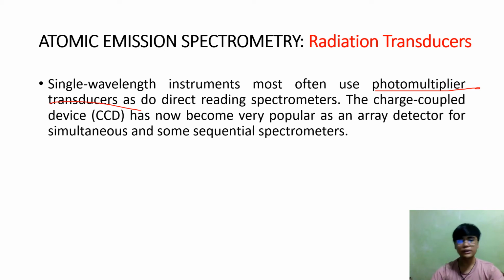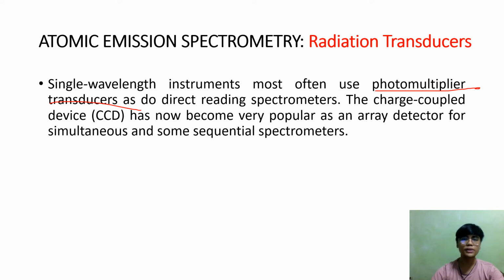The charge coupled device, or well-known CCD, has now become very popular as an array detector for simultaneous and some sequential spectrometers. Such devices are available with over 1 million pixels to allow a fairly wide wavelength coverage.